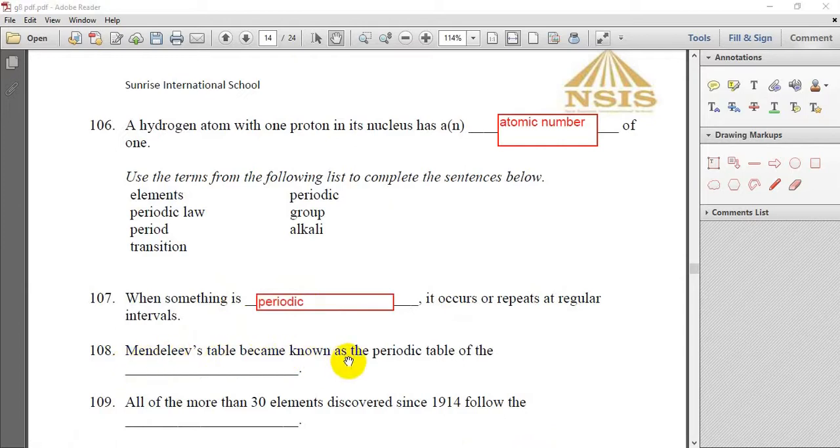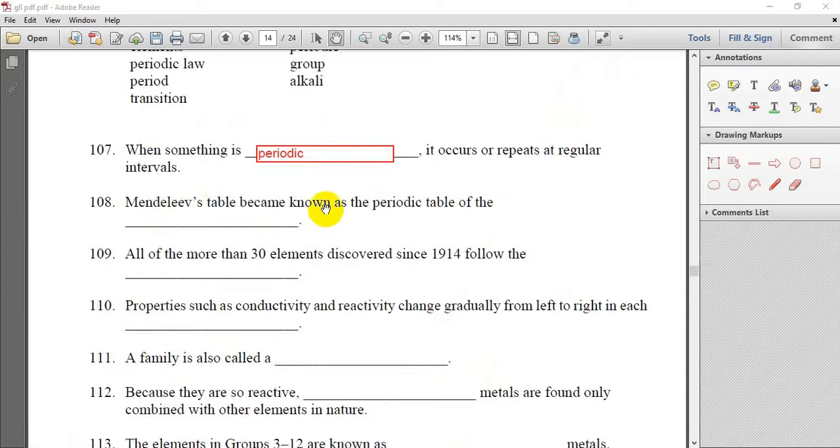Question 108: Mendeleev's table became known as the periodic table of the elements. As we know, Mendeleev was the first scientist to arrange elements, but by their atomic mass, not by their atomic number, as Moseley did.